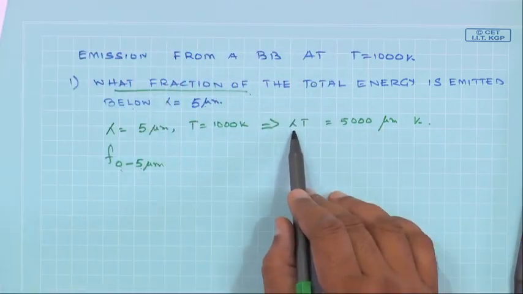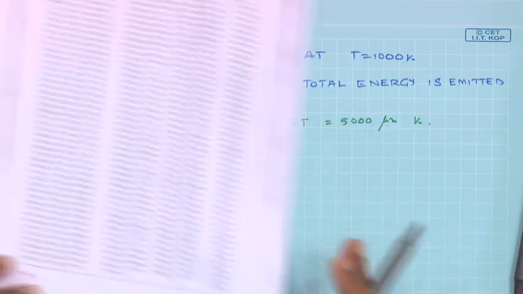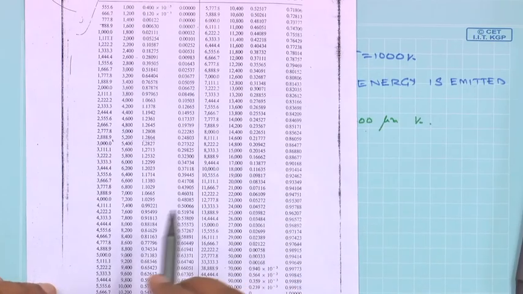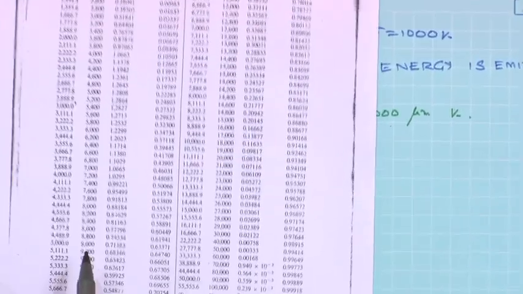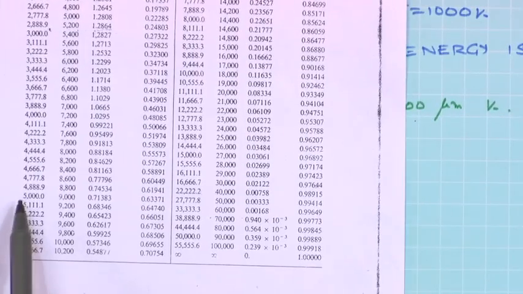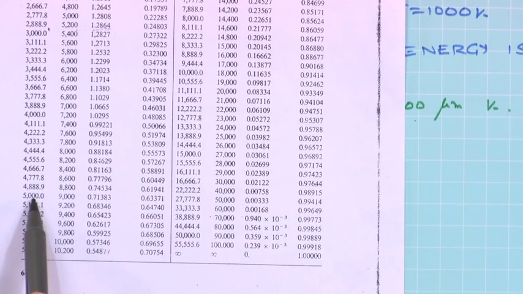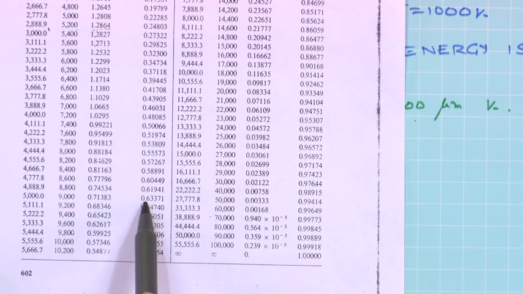So, for which case lambda T is 5000 micron Kelvin. If you look at the value over here, for a value of lambda T equal to 5000 micron Kelvin, the value of f is 0.66371.